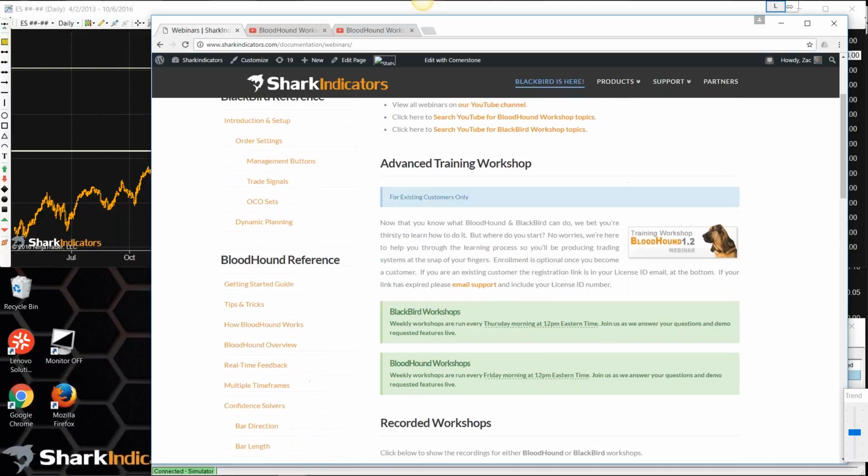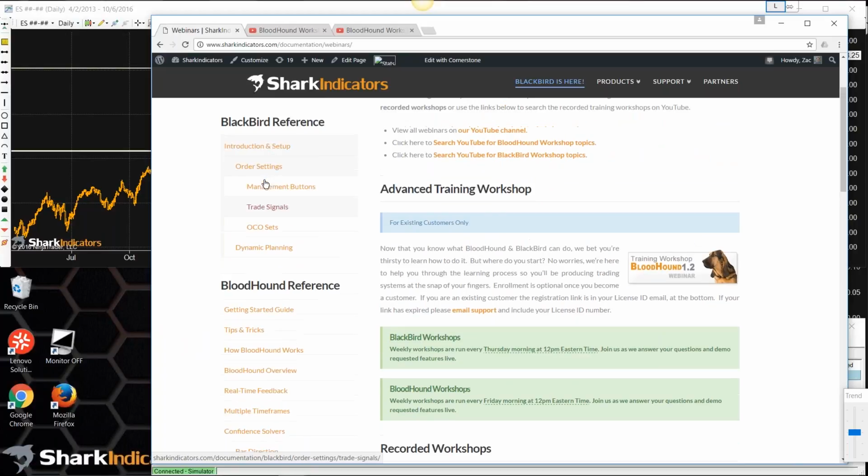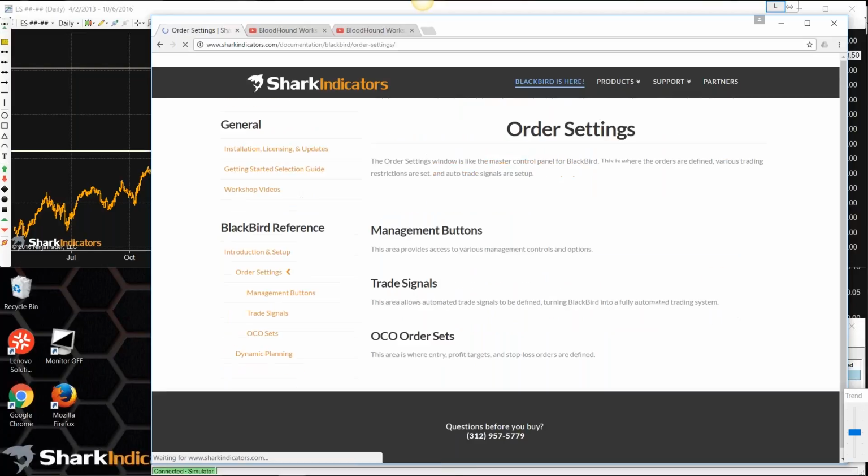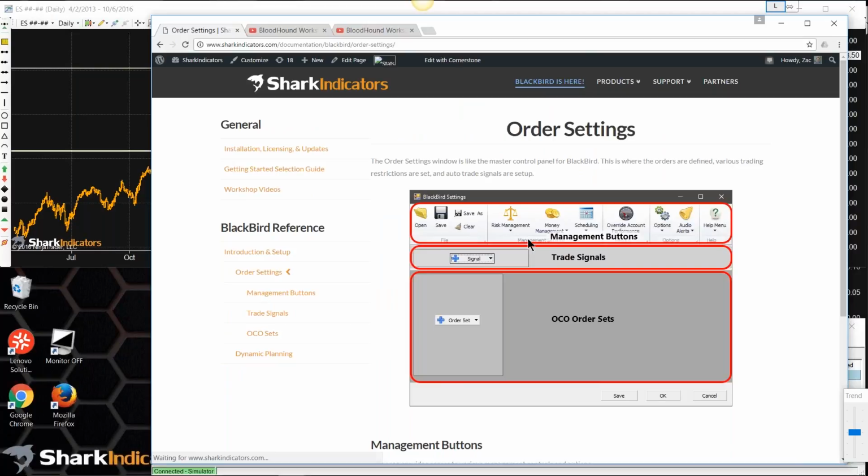What I'm going to do is bring up the web page for that, just so you guys know exactly what I'm talking about here. From the menu, I'm going to go to the order settings section. This page shows how the order settings window is broken into 3 sections.